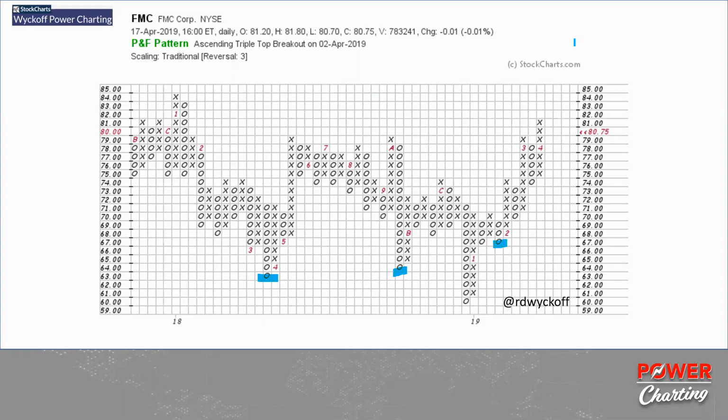Wyckoffian analysis involves using the vertical chart and the point and figure chart in unison with each other. The vertical chart is going to be really useful at identifying where to enter, where to place stops, etc. But the point and figure chart is going to show us these causes, these structures, where we can see accumulation taking place.